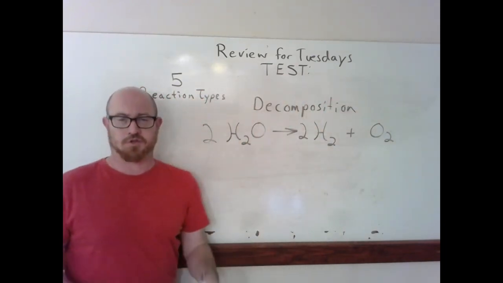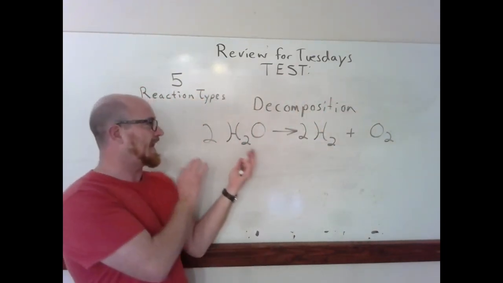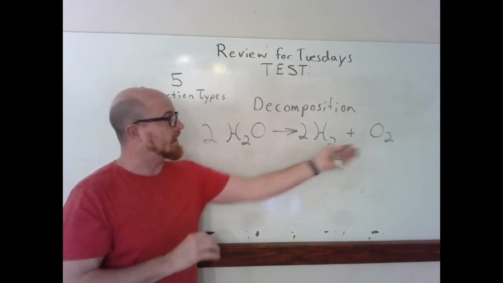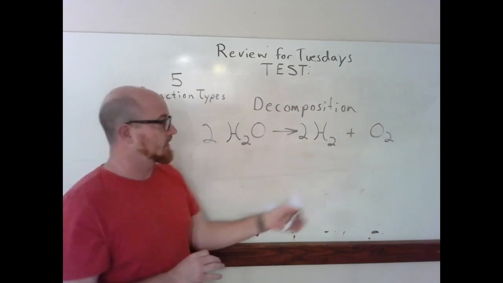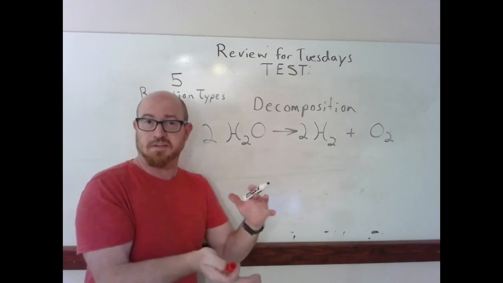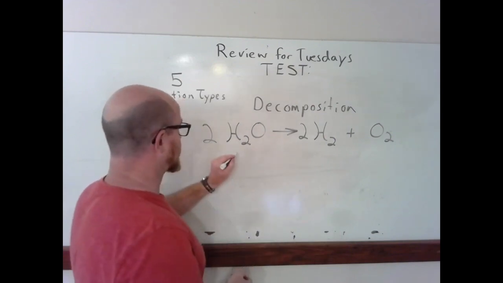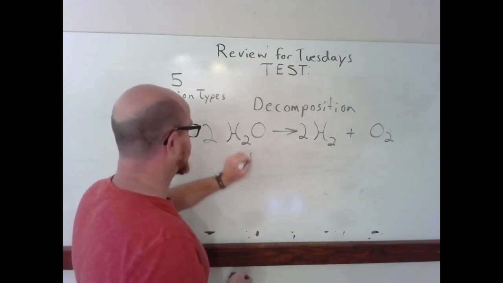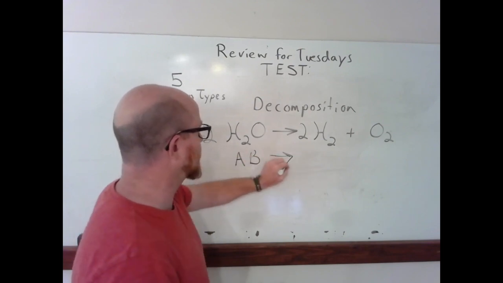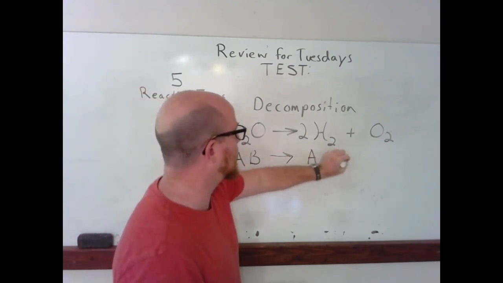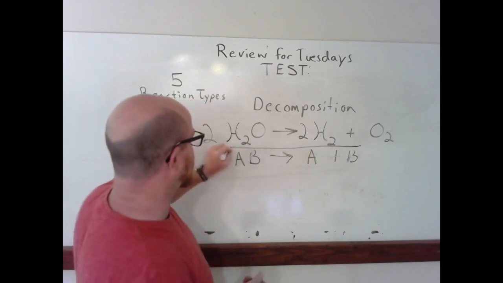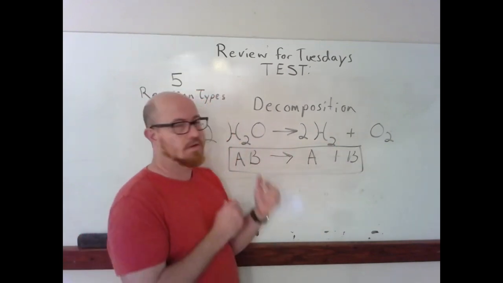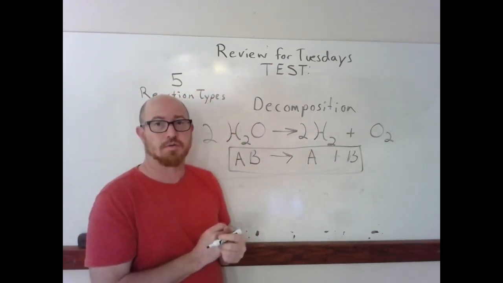A decomposition, to decompose, is to break down, and that's what's happening here. We have one thing, it's breaking down into multiple things. So in reverse of a synthesis, what we've got is an AB yielding A plus B. This is a decomposition reaction.